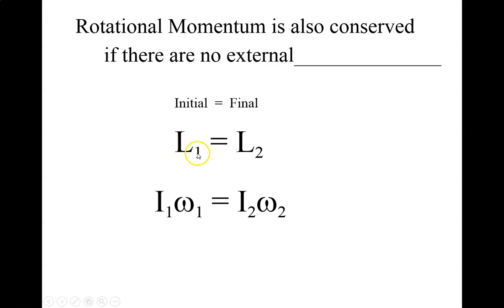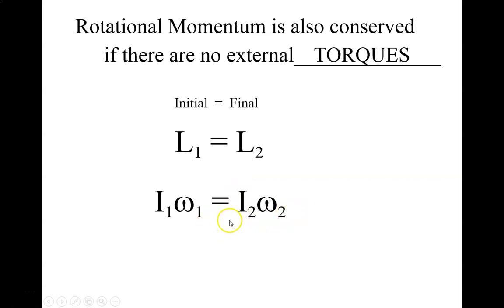So L1 equals L2. L equals I omega. I know we're going through a lot of different things here today. So I1 omega 1 equals I2 omega 2. Might jot that down. So your initial rotational momentum equals your final rotational momentum, assuming there's no outside torques.